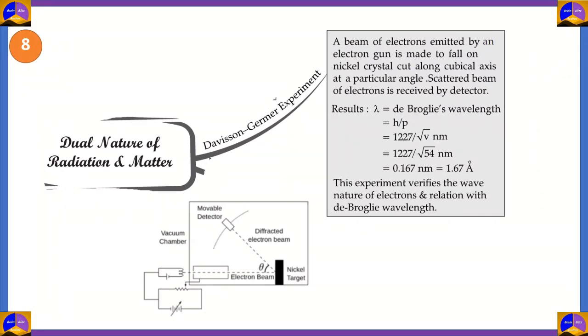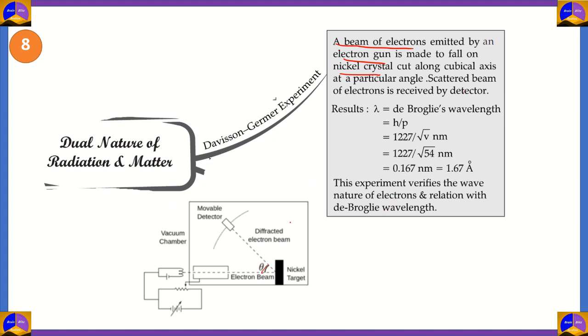So, you can see that a beam of electrons was emitted by an electron gun, and it is made to fall on a nickel crystal cut along the cubical axis. Now the electrons are reflected at a particular angle, say theta, and then the scattered beam is received by the movable detector.